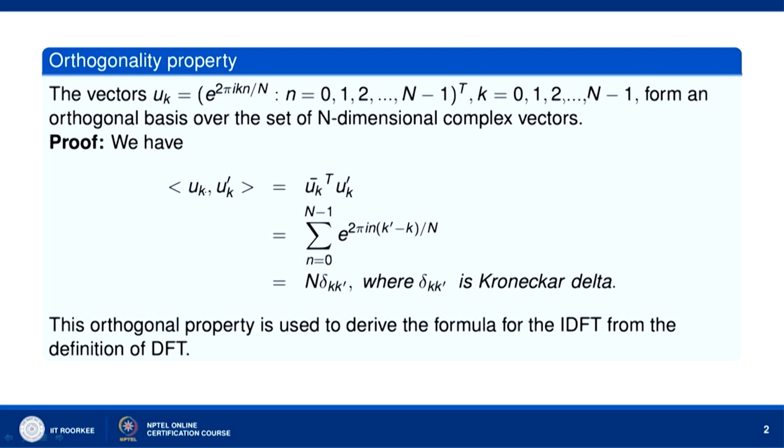Now, let us take two vectors u_k and u_k dash from this set, e to the power 2 pi i kn by N, where n takes values 0, 1, 2, 3 and so on up to N minus 1.